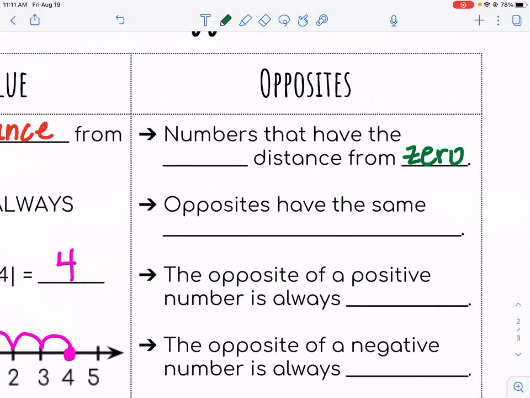Does anybody think they could give me an example of 2 numbers that are opposite from each other? Bennett? 3 and -3 are opposite. They have the same distance from 0. Opposite numbers are going to have the same absolute value because they are the same distance from 0.